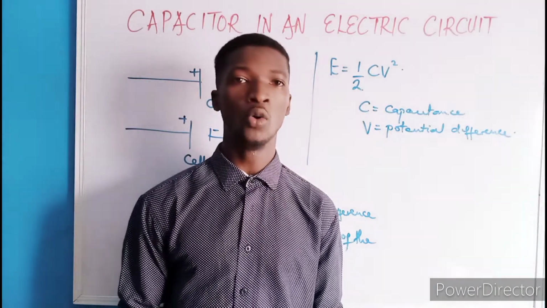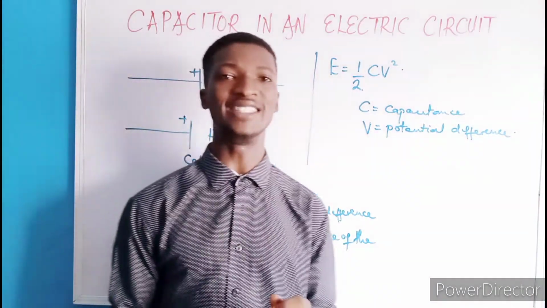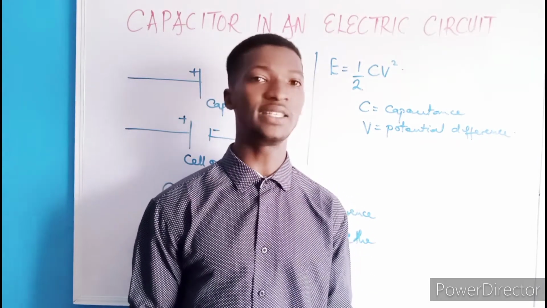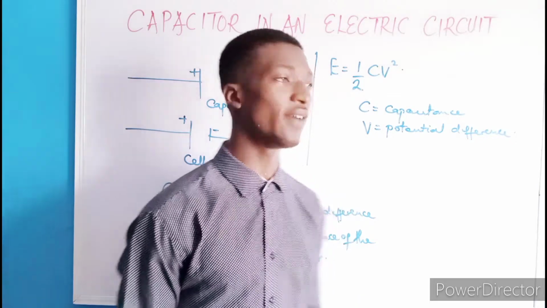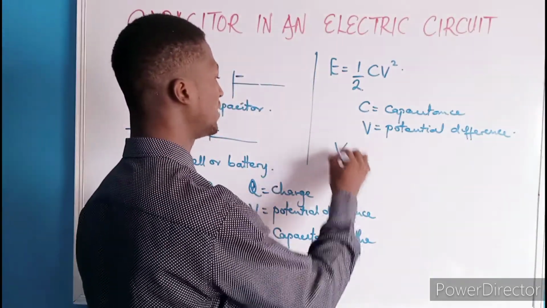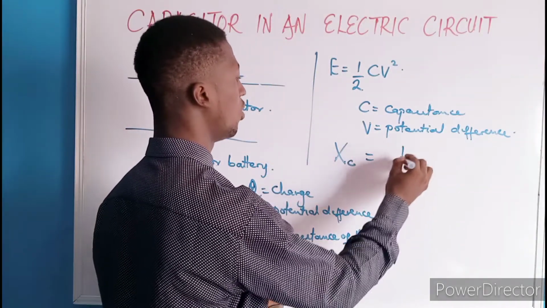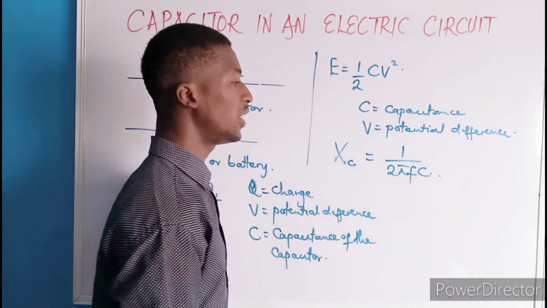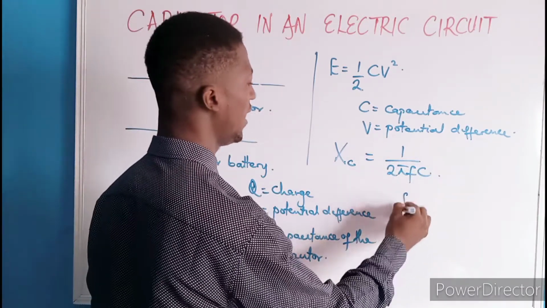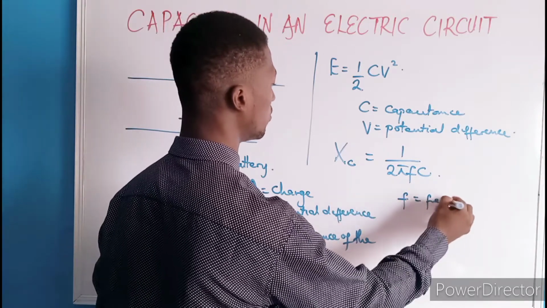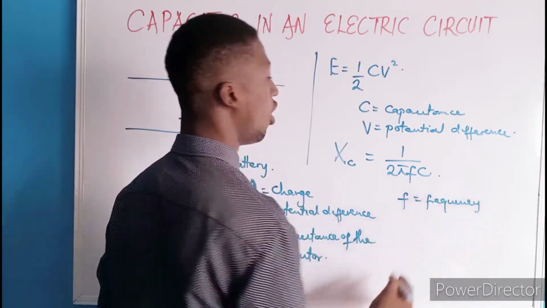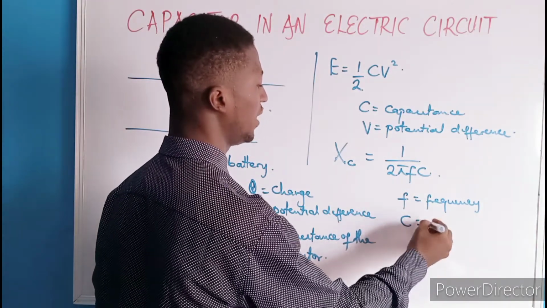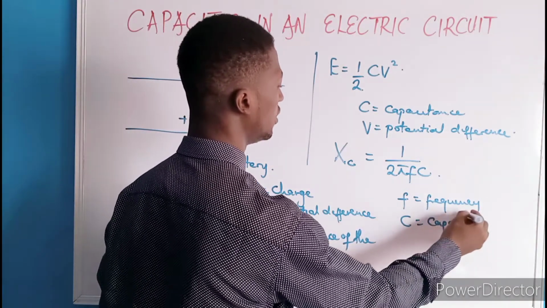When this occurs, we say that the capacitor has developed a capacitive reactance, which is given as Xc equals 1 over 2 pi f C. Here f is the frequency of the source voltage, and C is the capacitance of the capacitor.